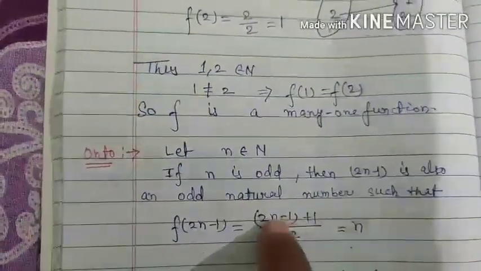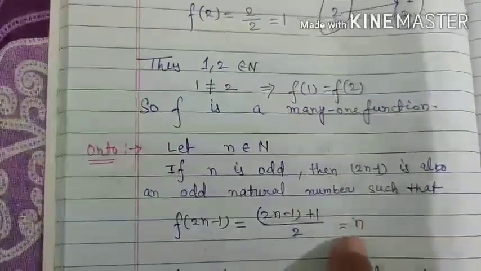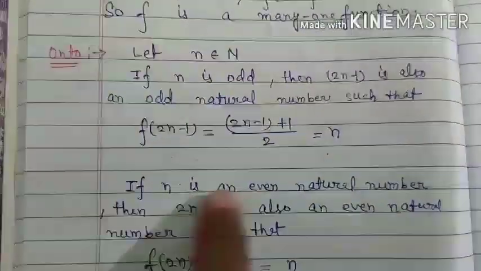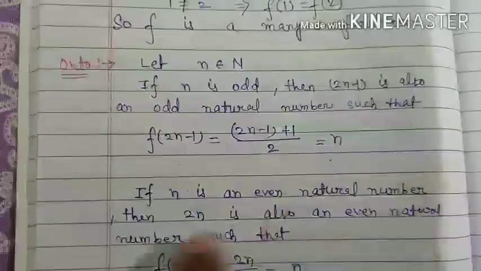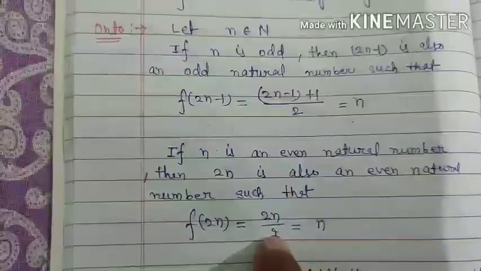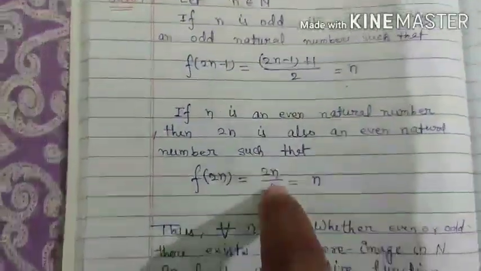If you cut this 1 and 2 divide, then you will get n only. If n is an even natural number, then 2n is also an even natural number such that f(2n) is equal to 2n upon 2 equal to n if we cut 2 by itself.